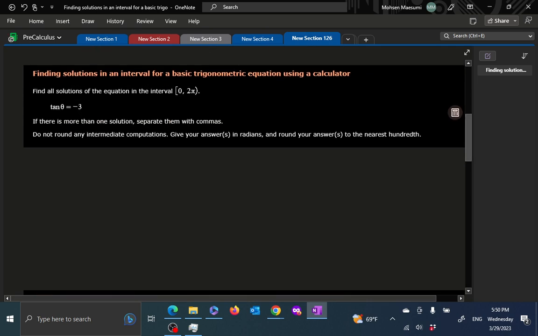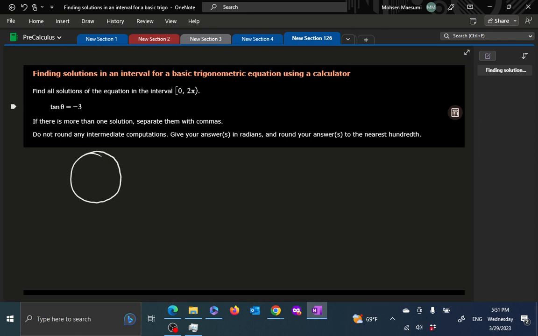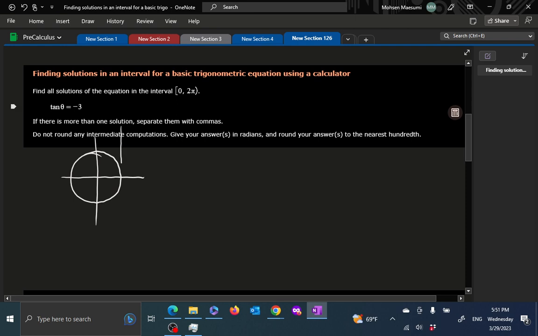Another tangent. We draw the tangent axis. This is 1, 2, 3. This -3 is down here. It's not a famous angle or anything recognizable.